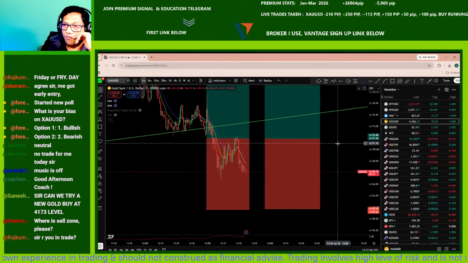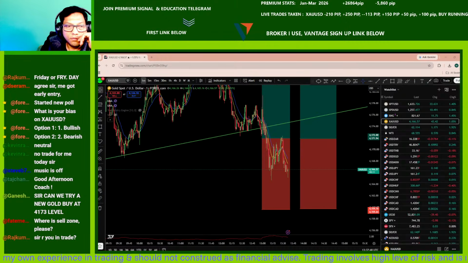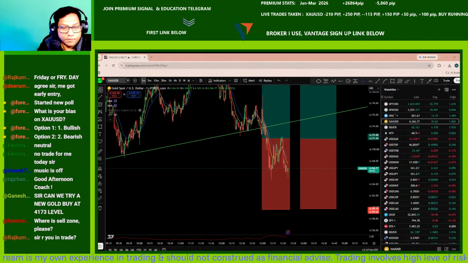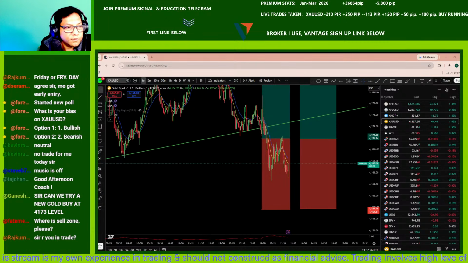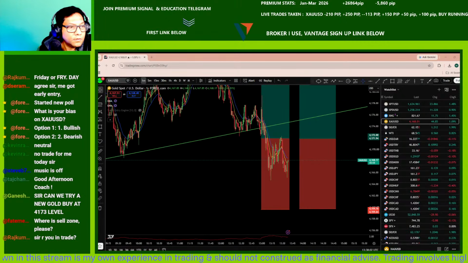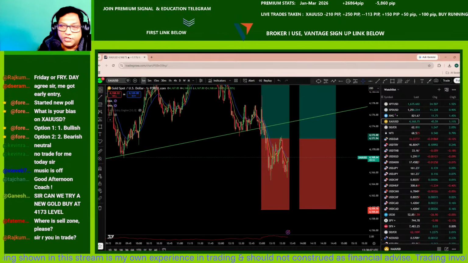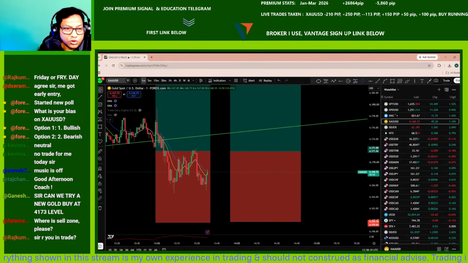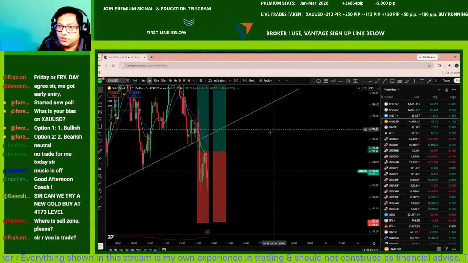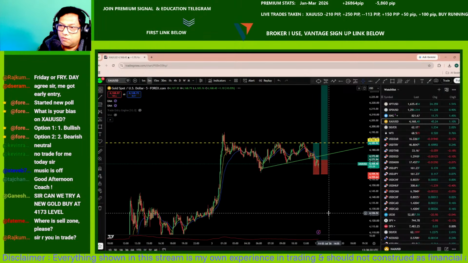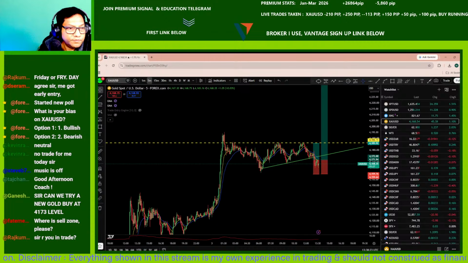All right, so getting a reaction at that level here shows a liquidity sweep in this area. All right, so the market is slowly showing some bias.